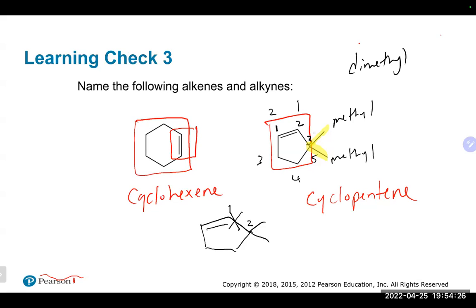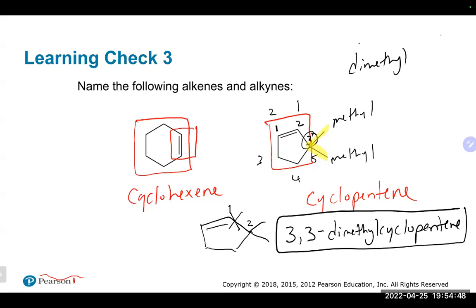So this technically should be 3, and we would need both numbers since they're both sitting there. So this would be a 3,3 with the comma between the 2 numbers, dash dimethyl cyclopentene.